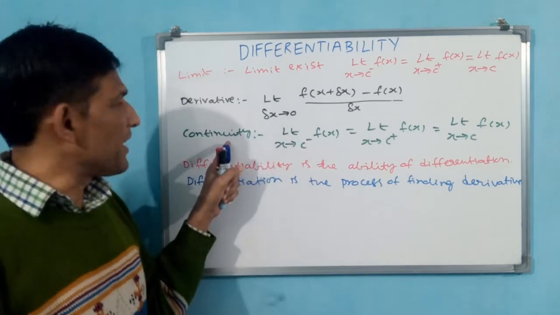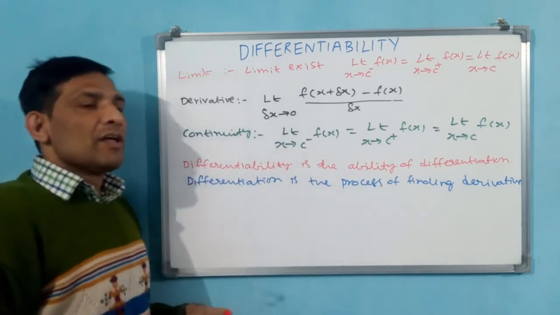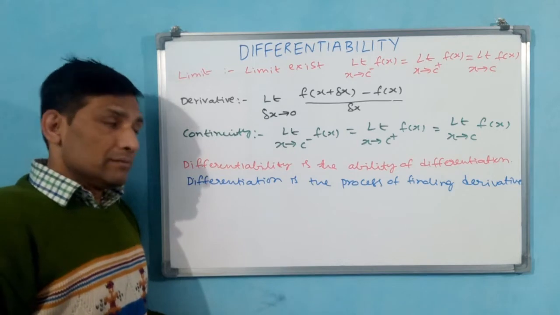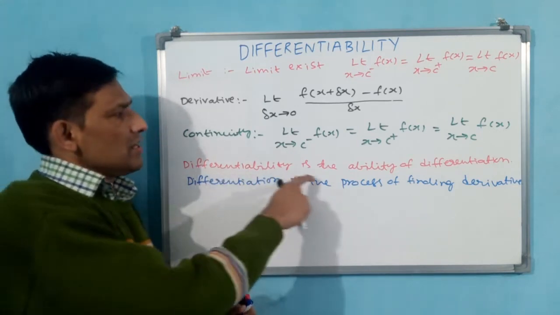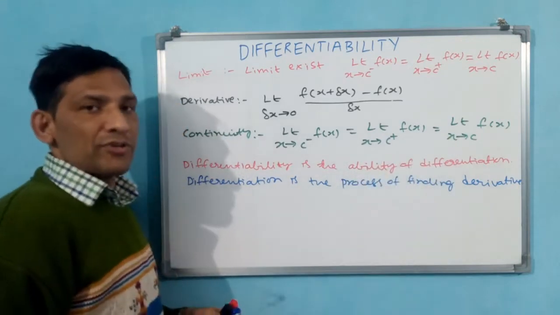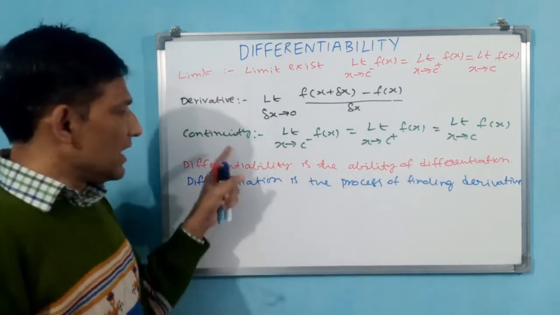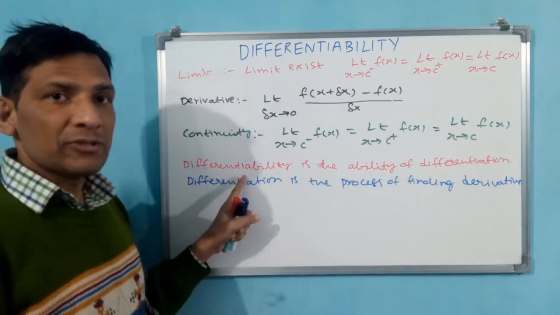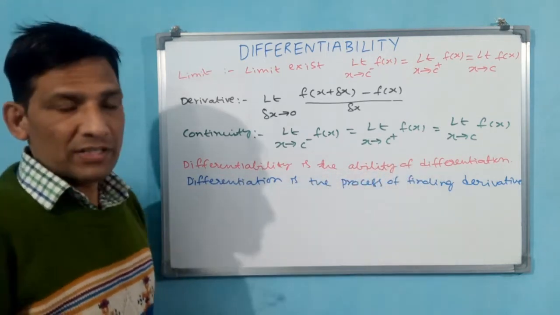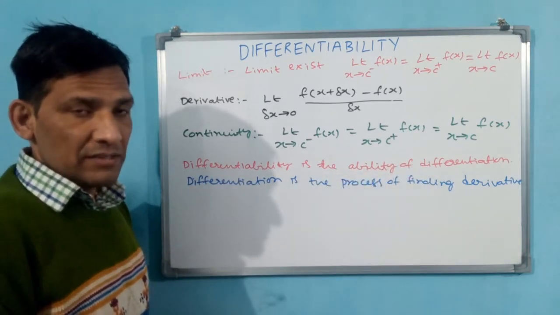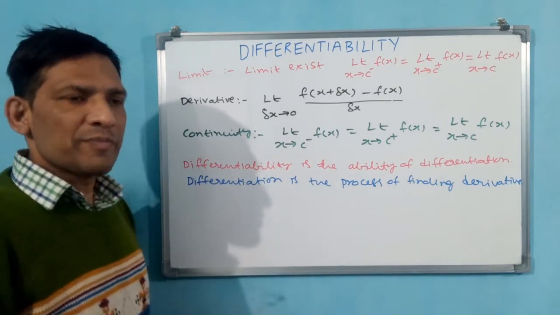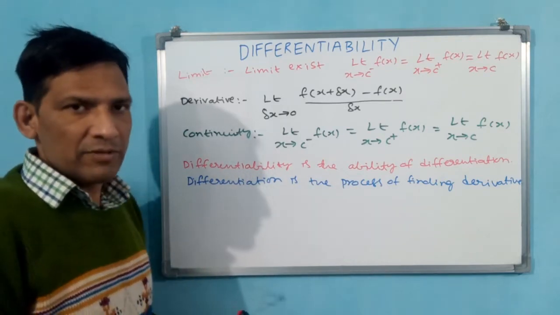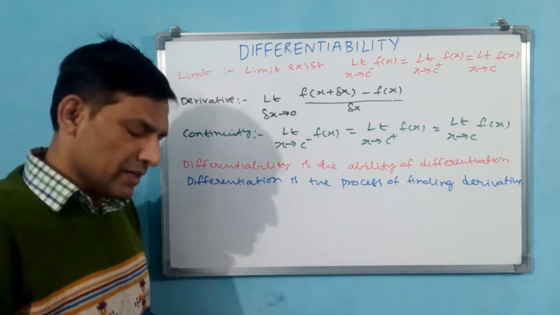We can say continuity is also an ability, the ability of continuation, of a continuous function. Like that also we can write. Like that, differentiability is also the ability of differentiation. That means whether the function is differentiable or not. Differentiable means differentiability. Not differentiable means not differentiable. That is called differentiability. Okay.